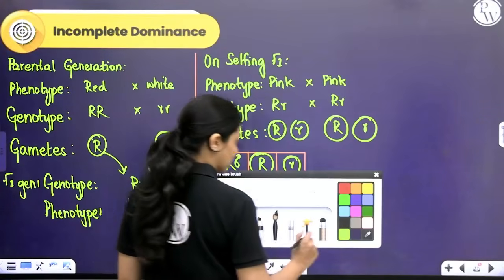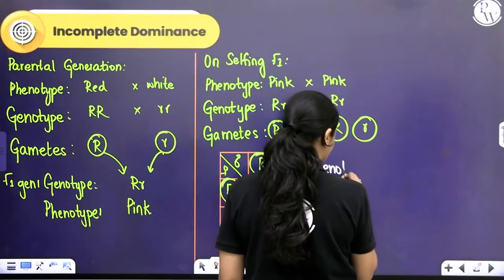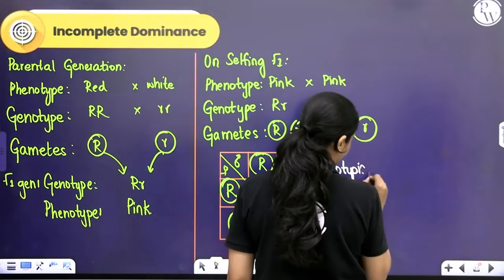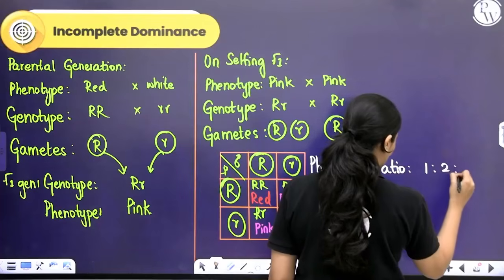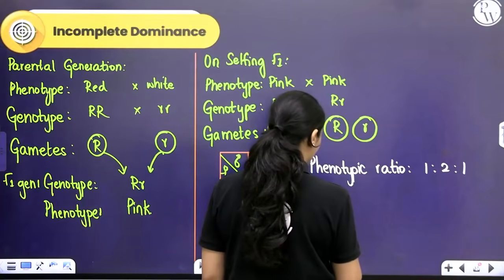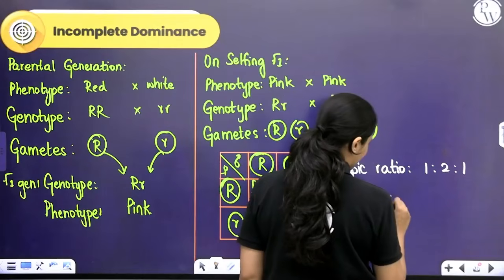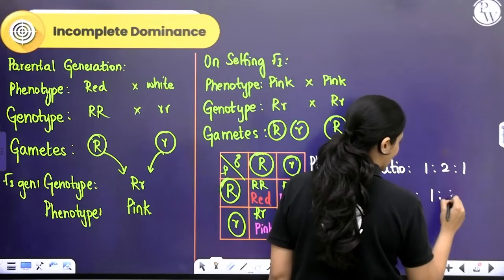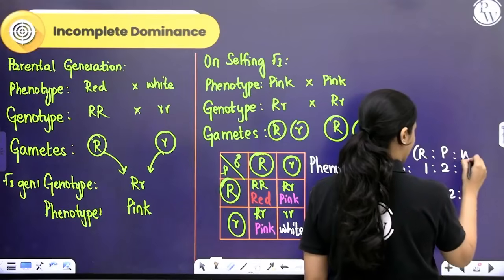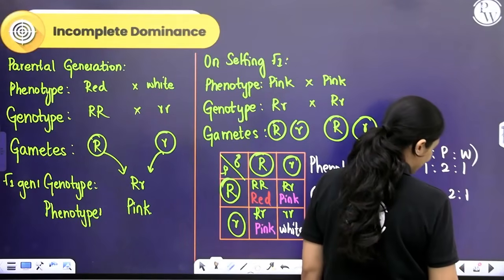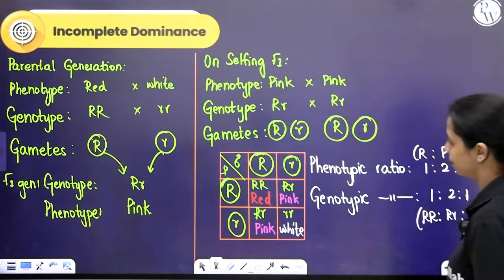So you get phenotypic ratio 1:2:1. Genotypic ratio also will be 1:2:1. One will be red, two will be pink, one will be white. Capital R capital R, heterozygous, lowercase r lowercase r.